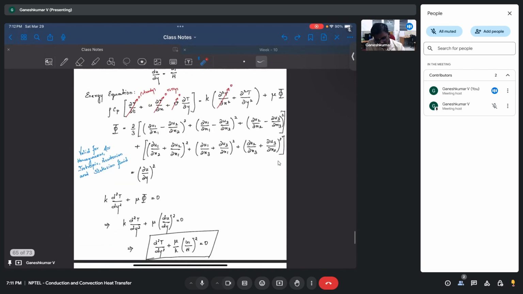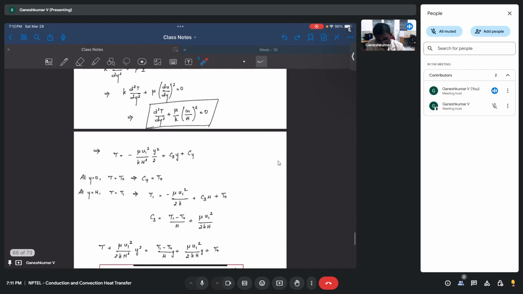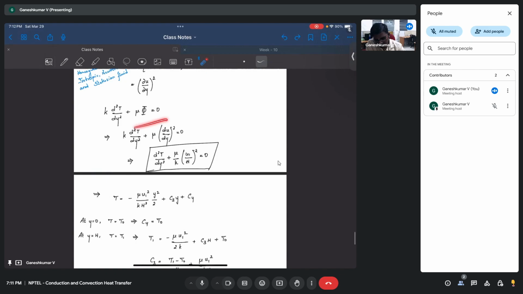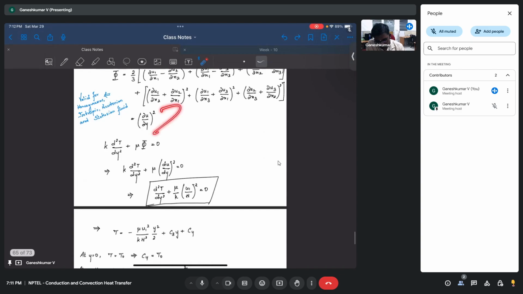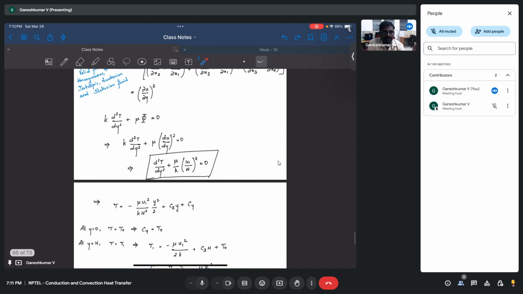Then you can solve the energy equation for this, but now here we consider viscous dissipation because we are working on a narrow gap. This viscous dissipation term boils down to simply this for purely shear driven flow. You simplify this energy equation, and then you substitute the phi function appropriately. Phi is the viscous dissipation function.